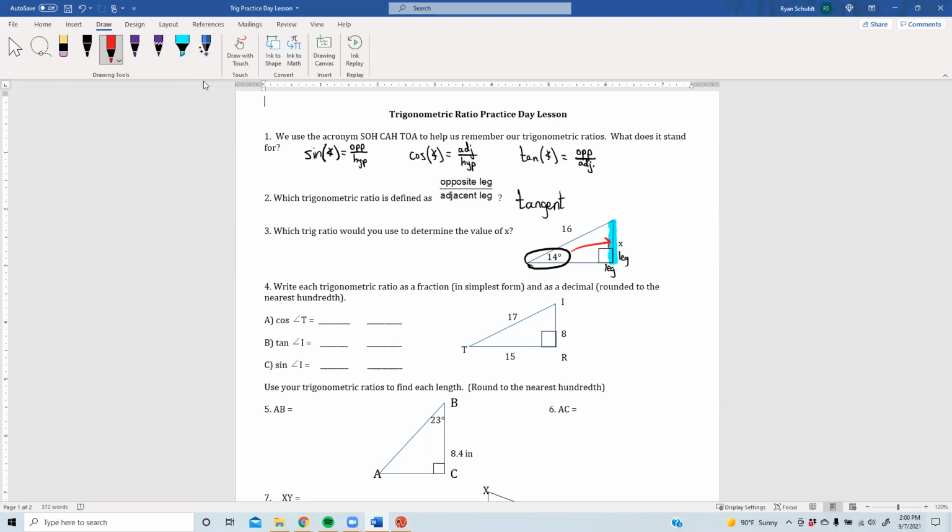It's across from it, so that means it's our opposite. And then what about the 16? 16 is across from the right angle, so it's our hypotenuse. So which trig ratio deals with the opposite and the hypotenuse? That would be sine. Again, we don't have to solve this. It's just asking which ratio would you use? You would use sine. That's all we had to say here.